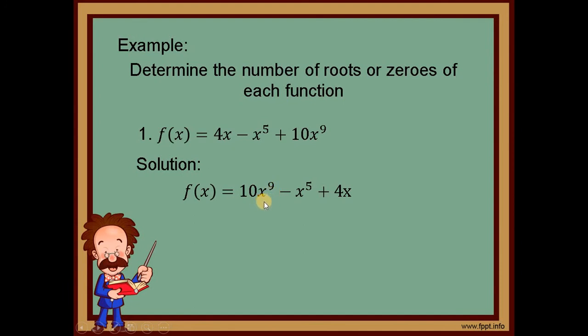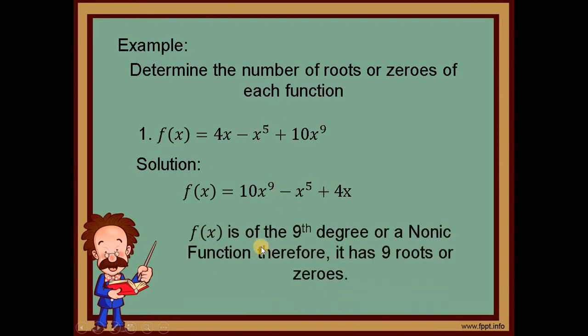So, titingin lang tayo sa variable x. So, 9 yung highest exponent niya. Therefore, f of x is of the 9th degree or a nonic function. Therefore, it has 9 roots or zeros. Kung gaano kataas yung degree niya, ganon din karami yung roots or zeros meron siya. Okidoki, and we're done.